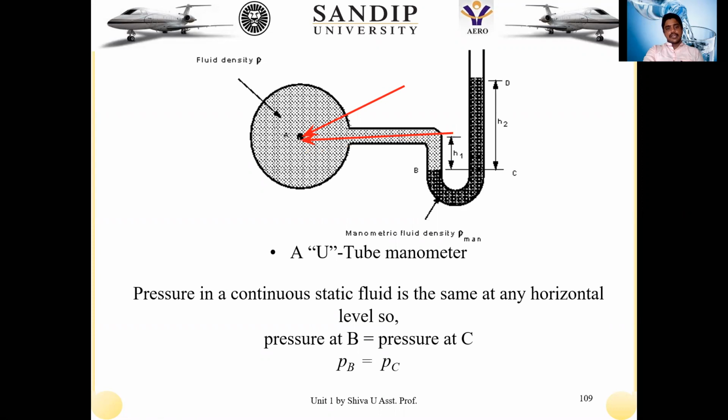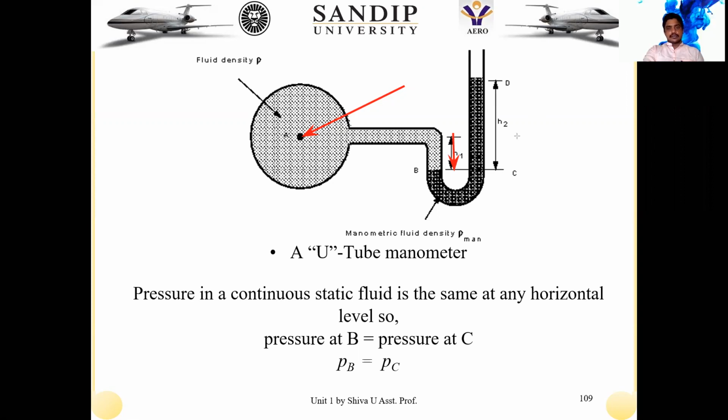Point A has its own pressure, that is due to Pascal's pressure, what we discussed in the previous sessions. And now there is another pressure raised because of the height variation above the reference level of B. According to the hydrostatic law, we can write PA plus rho G H1.